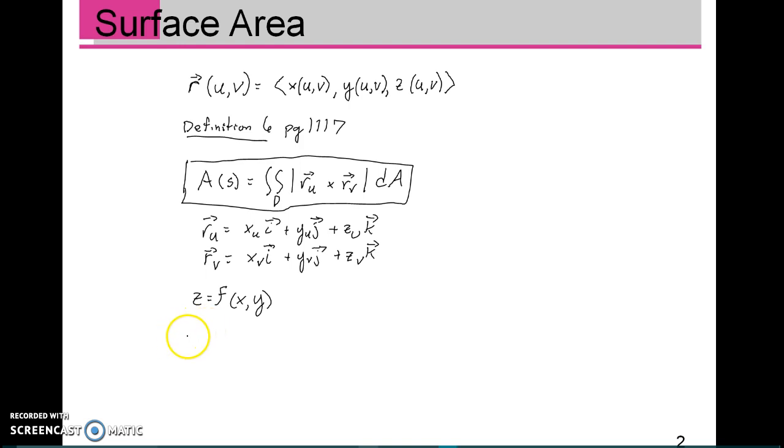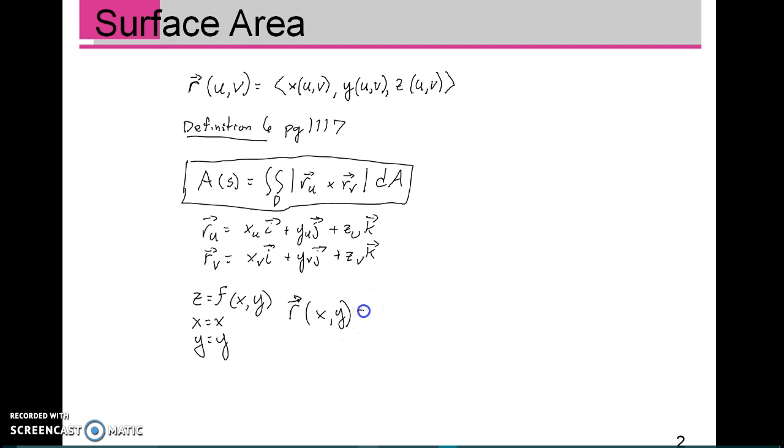So to do that, we see here that, first of all, our parameters we can set as x and y themselves. So if that's the case, we can just say, well, x is defined as x, and y is y. So x is a function of x, and y is a function of y. So it becomes pretty straightforward to say that your r is going to have the parameters x, y this time.